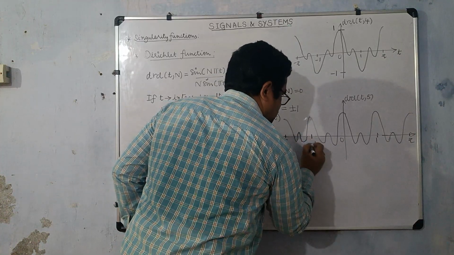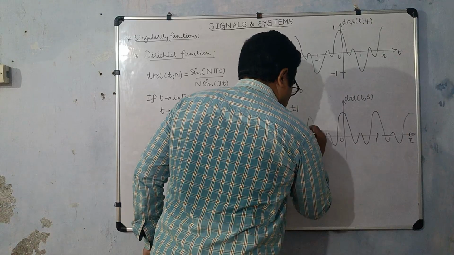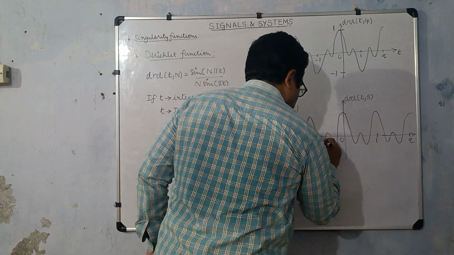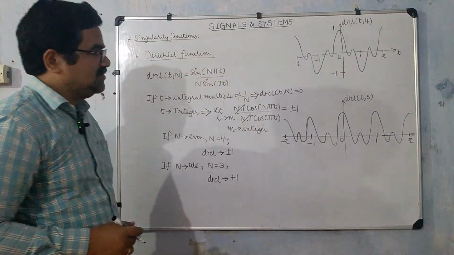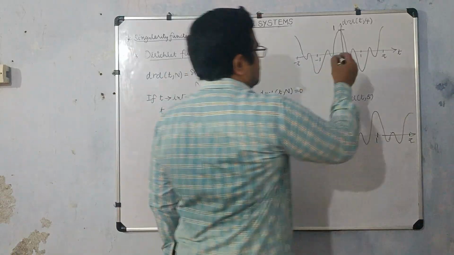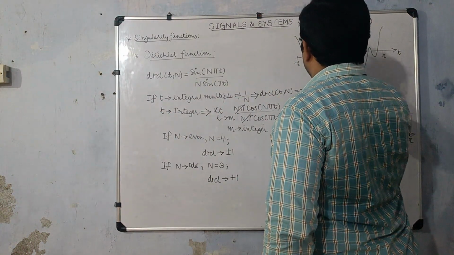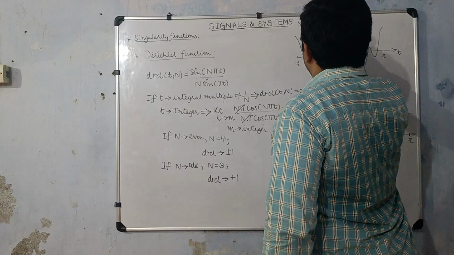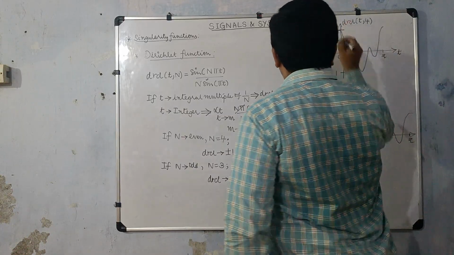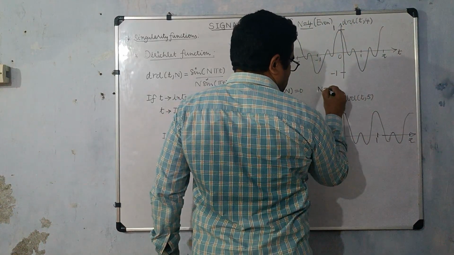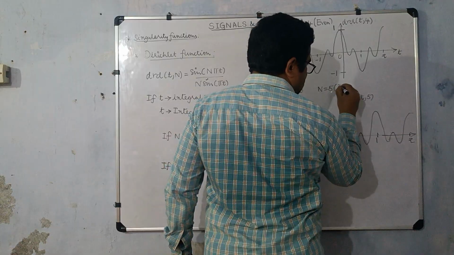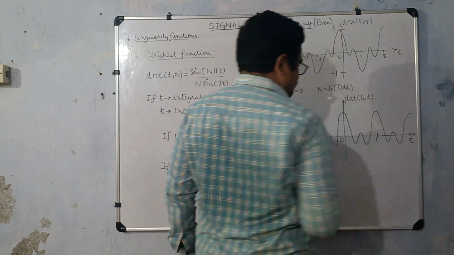So this is my Dirichlet function for different values of n. This is the case when n is equal to 4, the even case, and this is the case when n is equal to 5, the odd case.